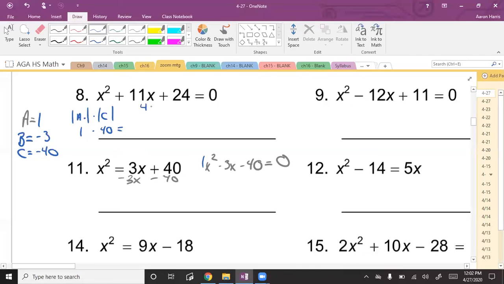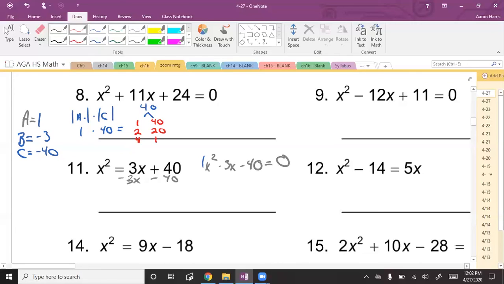40. Let's do the list. So always start with 1. 1 times what? 40. 2 times what? 20. 3, does it work? No. 4?